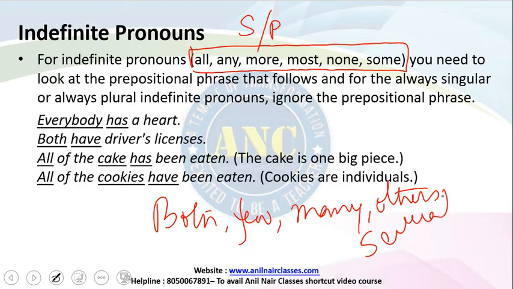These are your indefinite plural pronouns. So these are called your always plural indefinite pronouns, and the set that I just read out are your always singular indefinite pronouns. I'll again repeat the always singular and plural pronouns after I talk about this slide.